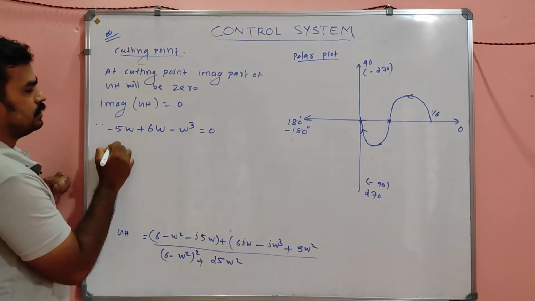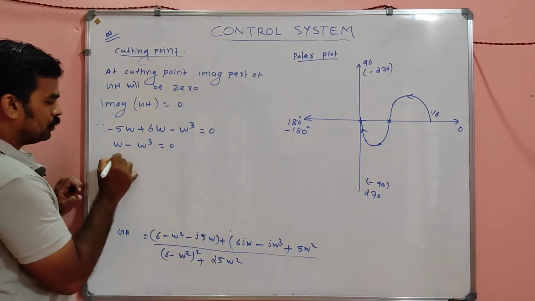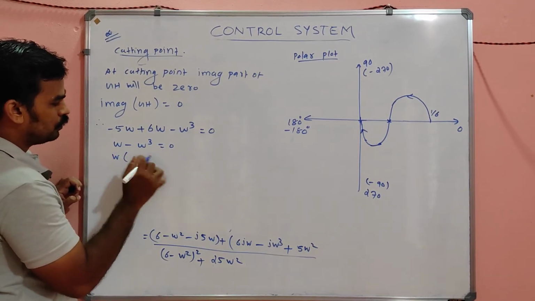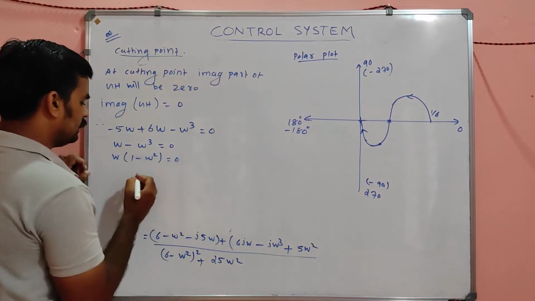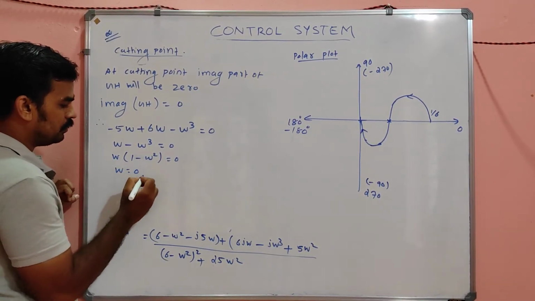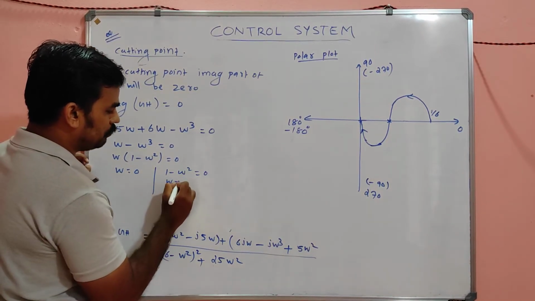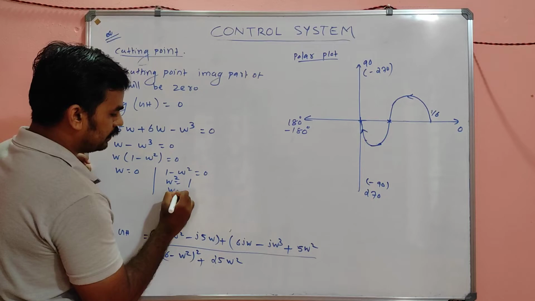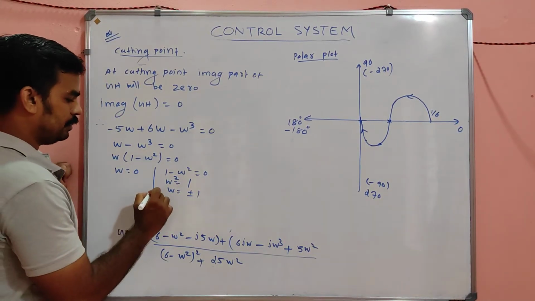Or omega minus omega cube equal to 0, or omega into 1 minus omega square equal to 0, which implies omega equal to 0 or 1 minus omega square equal to 0, so omega equal to plus or minus 1. Correct, my dear?